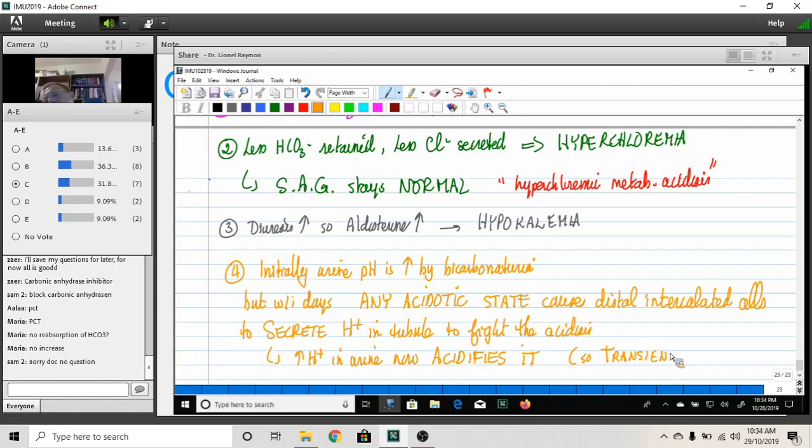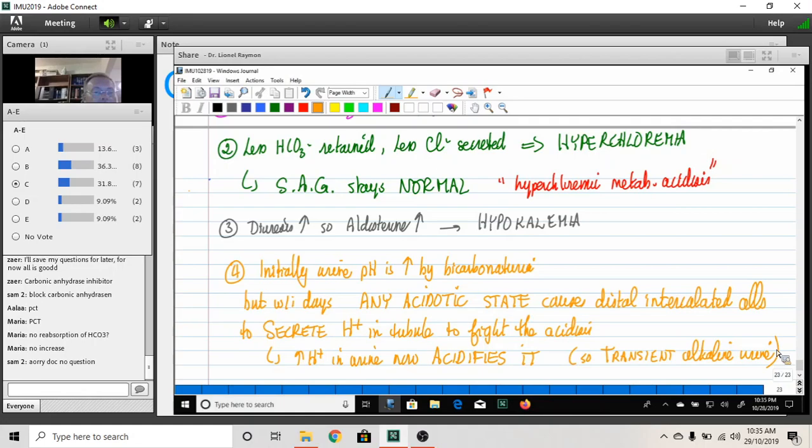So let me show you how this one works, so that like this, you'll be ready for that. So in the diagram, let's say it's the early collecting duct. And here, right here, are principal cells.